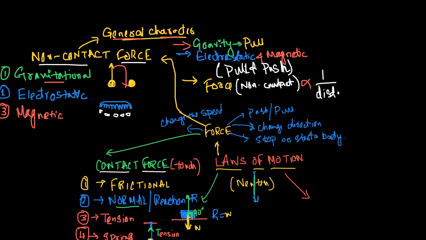That means these two bodies, which are not in contact, will experience this non-contact force, right? But if you take a magnet and put the iron nails far off, maybe 10 centimeters or 2 feet away, you will not see the force.